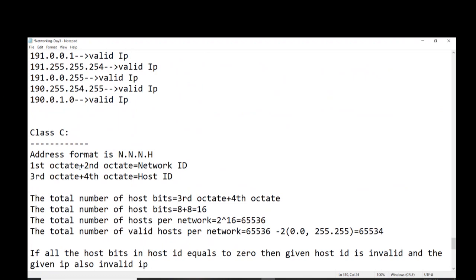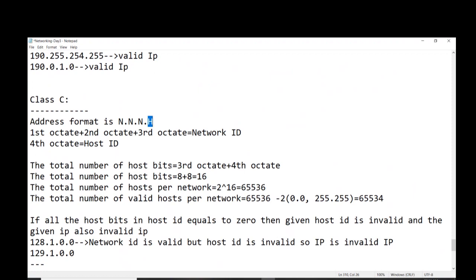So here it is first octet, second octet, and third octet. It's correct: first octet plus second octet plus third octet equal to network ID. Yes or no? These three, and this one is the host ID, that is the fourth octet.